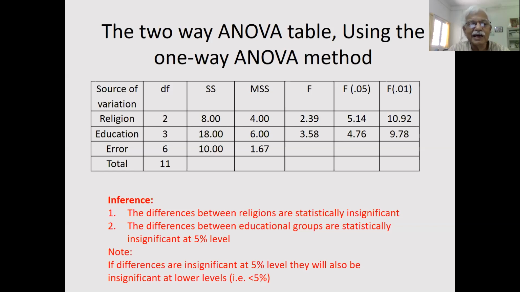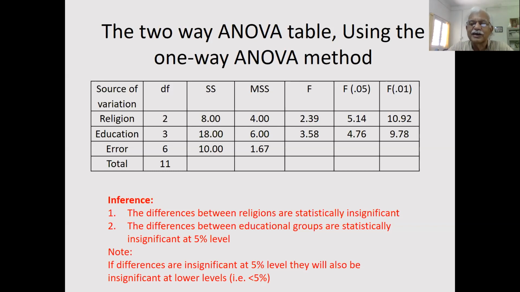If null hypothesis is correct, means if there are no religious differences, if there is no educational difference, then the mean sum of squares against religion, education, error, and total will be same. Otherwise, mean sum of square for religion and for education will be greater than that for the error term.